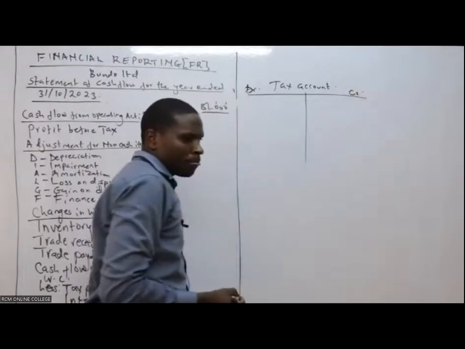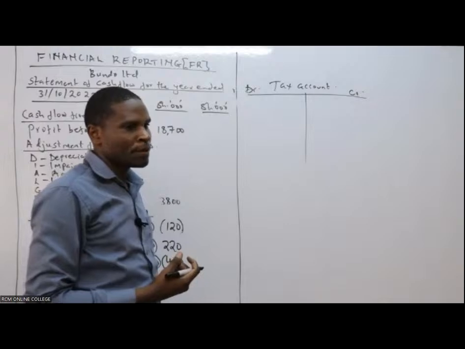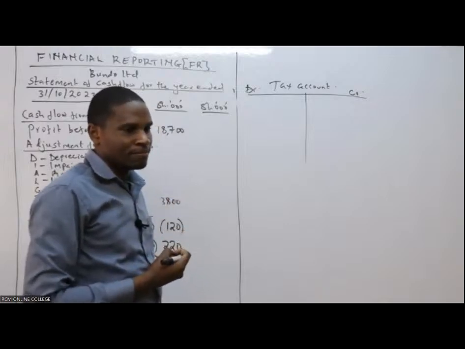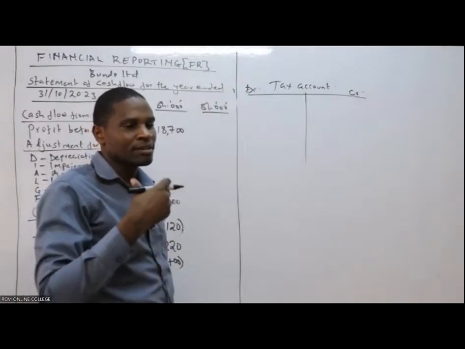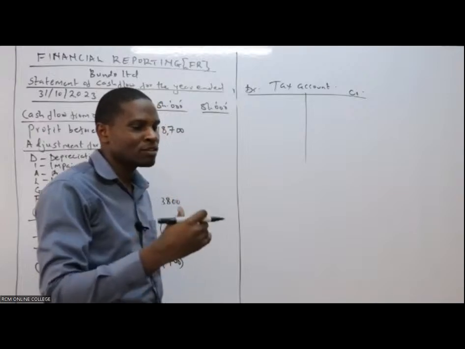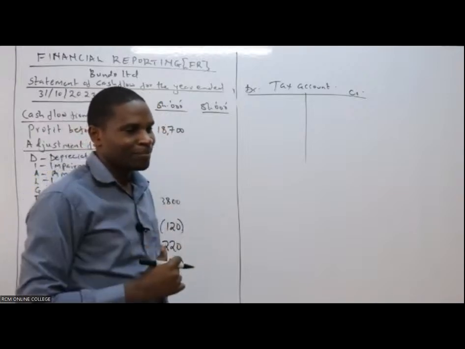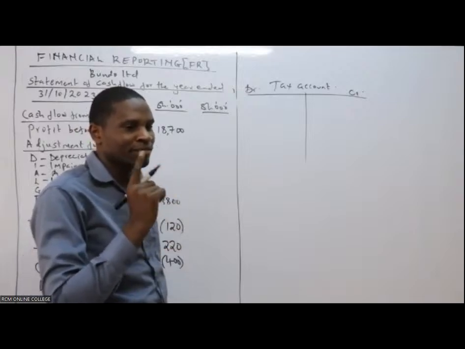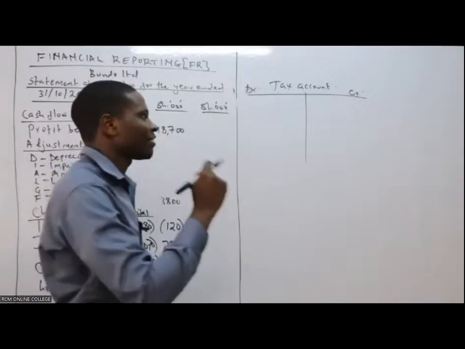Can you tell me, this thing we have sung for very many times: which balance does tax have? Does tax have a debit balance or a credit balance? My fellow accountants, it has a credit balance.